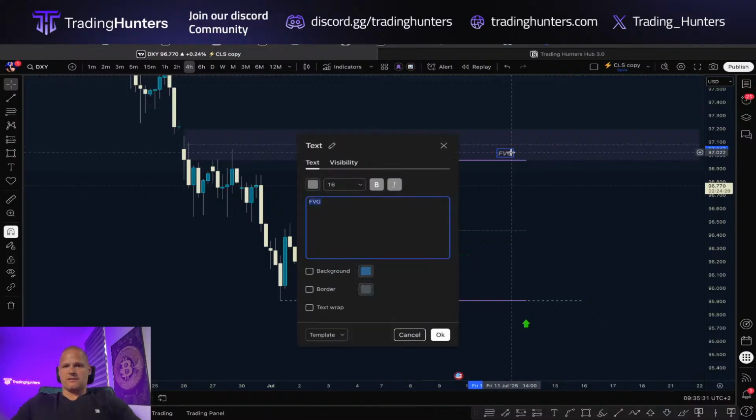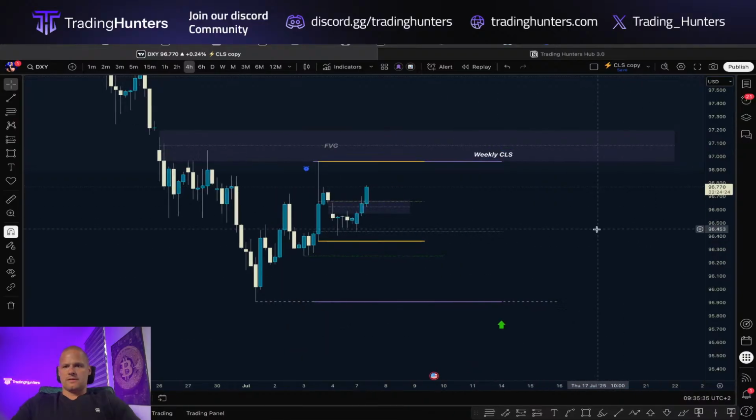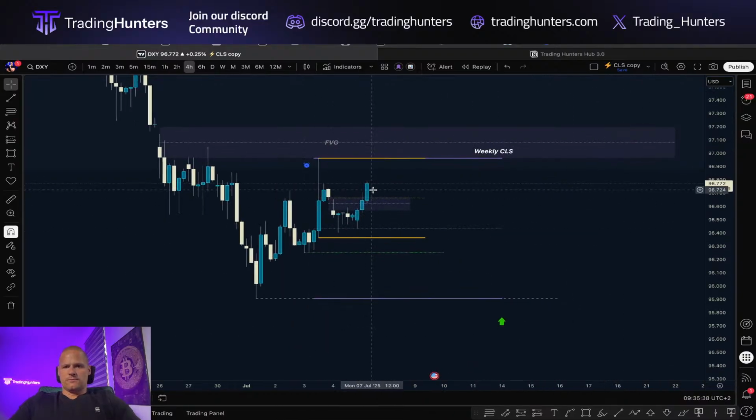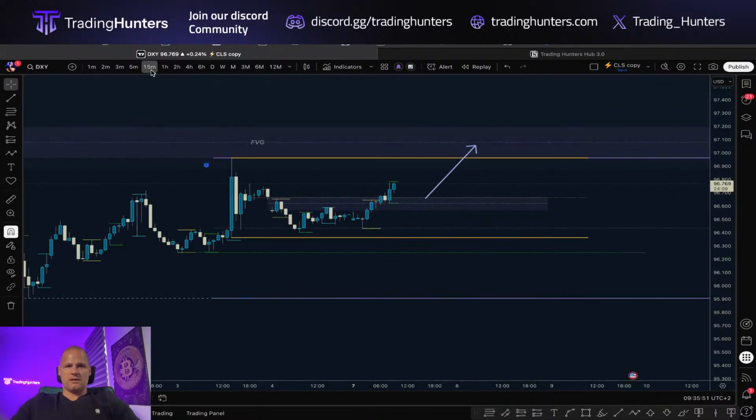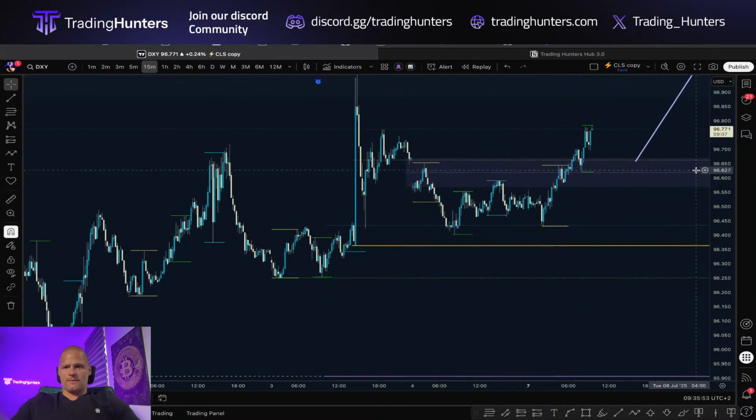So in the short term we could move higher, and I think it could play out if we get a close in here and then maybe a pullback during the New York.